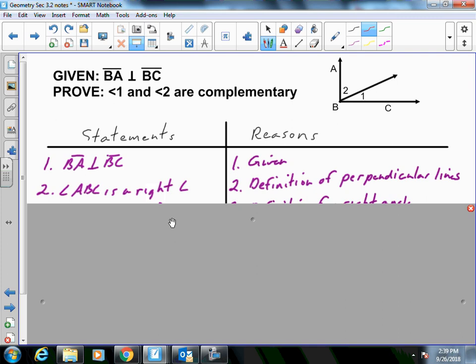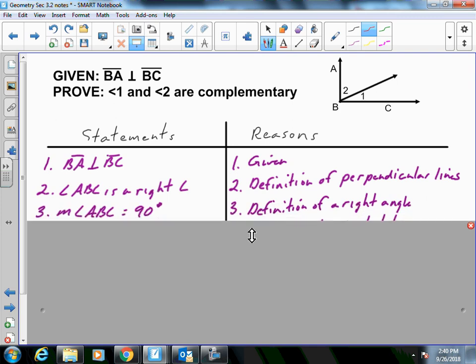And what's going to tell us that that right angle is 90 degrees? Anybody know? It's actually the definition of a right angle. If we look up the definition of a right angle, it's going to say an angle with a measure equal to 90 degrees. So now that tells us that this whole angle right here is a 90-degree angle.